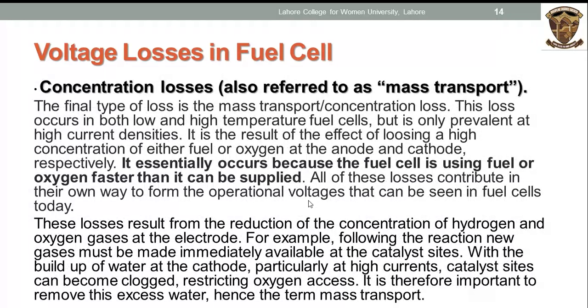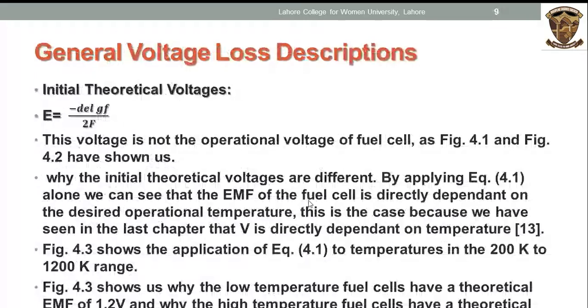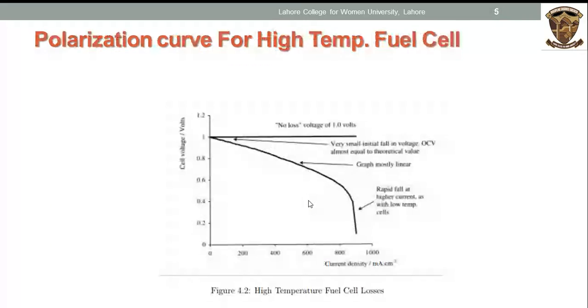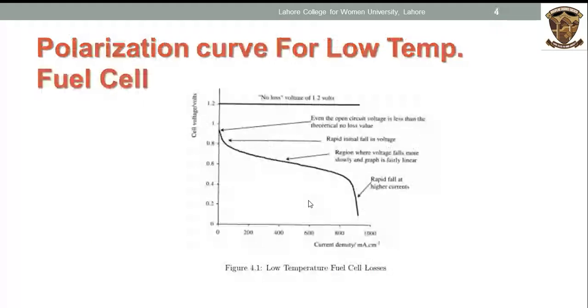This I can explain from the last figure like this. Here, this is the region where this slope is showing. This region shows the ohmic losses, the region where voltage falls more slowly and the graph is fairly linear. So this is showing the region for ohmic losses, right? And this at the start is the activation losses, right?